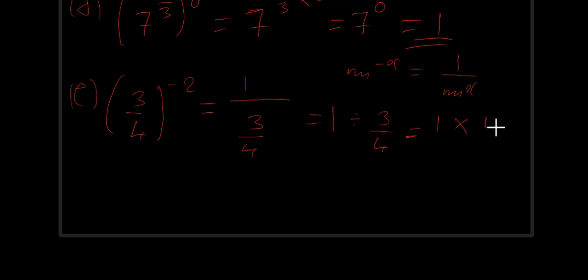So it's going to be 4 over 3. This multiplied by this gives 4 over 3. So our final answer there is going to be one whole number, remainder 1 over 3. Just like that.